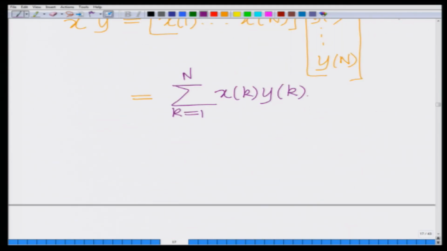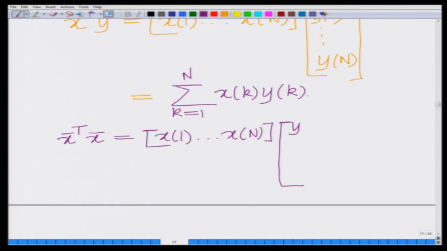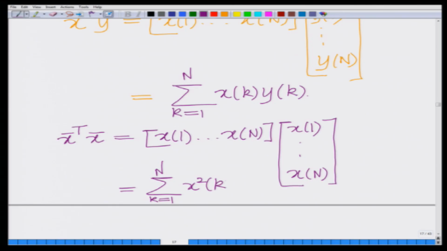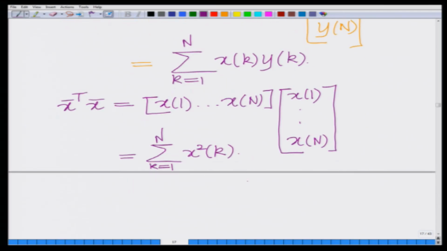Similarly, for the denominator, consider x bar transpose x bar, that is the row vector x1 up to xn times the column vector x1 up to xn, and this is nothing but summation k equal to 1 to n x square k.